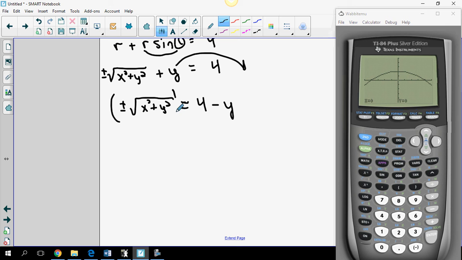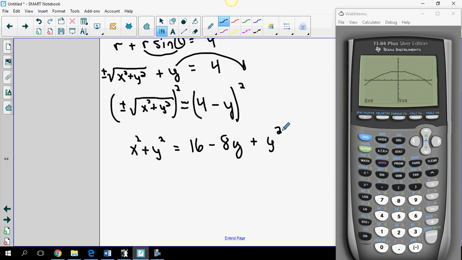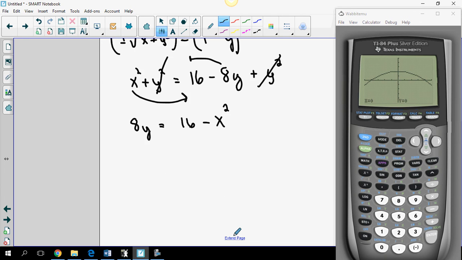Now let's square both sides. And we get x squared plus y squared, because the plus or minus goes away, 16 minus 8y plus y squared. Y squareds go away. Let's pitch this way, this way, and we get 8y equals 16 minus x squared.